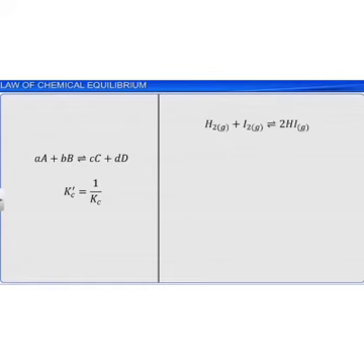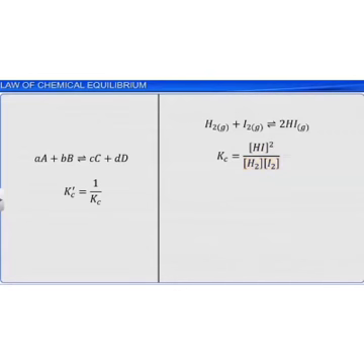Consider the reversible reaction of hydrogen and iodine combining to form hydrogen iodide. The equilibrium constant for this reaction is written as Kc equal to the concentration of the product, hydrogen iodide, raised to the power of 2 divided by the product of the concentrations of the reactants, hydrogen and iodine.